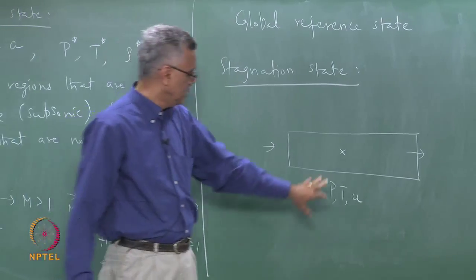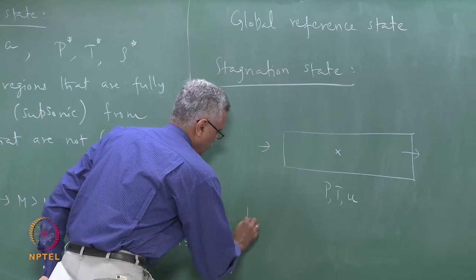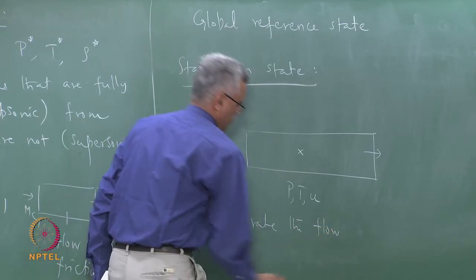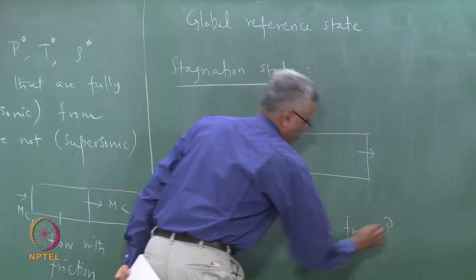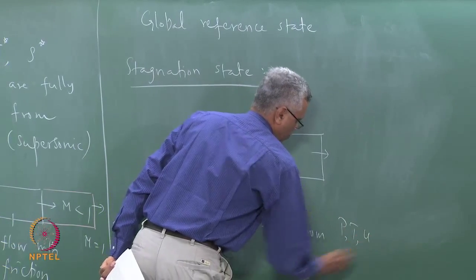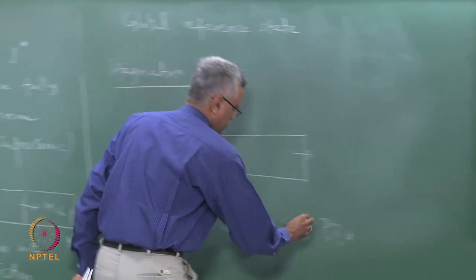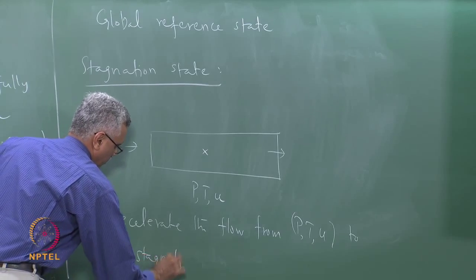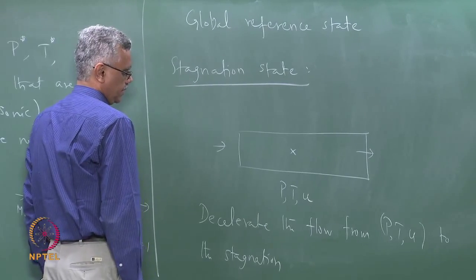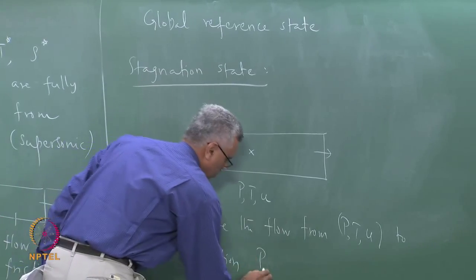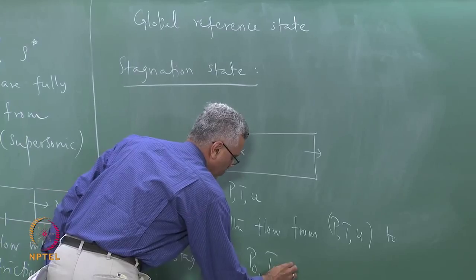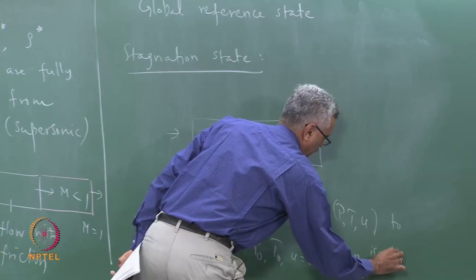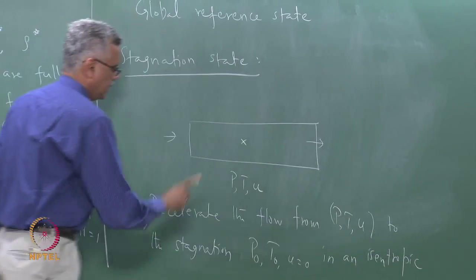Okay. So I take the flow at this state, decelerate the flow from the given pressure, temperature and velocity to the stagnation state, which we denote as P0, T0 and U equal to 0, in an isentropic process.